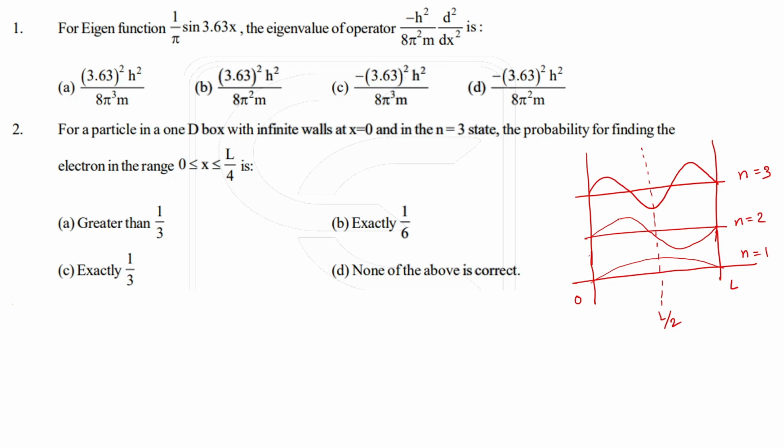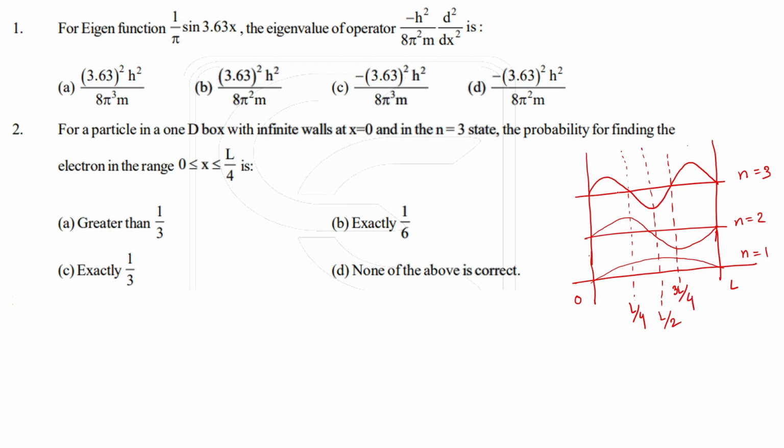So the question says, from here also you are going to get an idea that this is L by 4 and this is actually your 3L by 4. It is not properly scaled, but I hope you are going to get that idea.